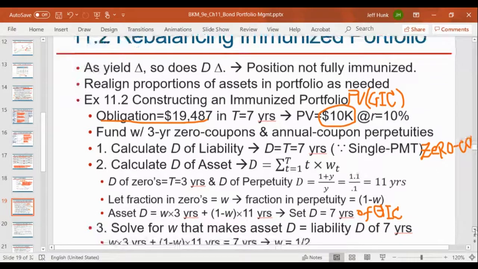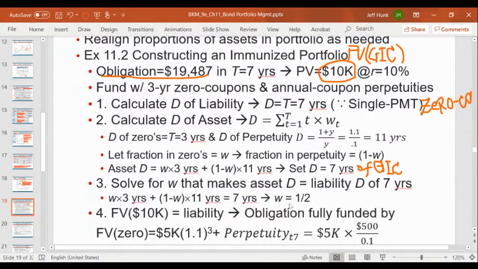And we solve this equation for W, and then W comes to half. That means we put 50% in the 3-year zero coupons, and 50% in perpetuity.